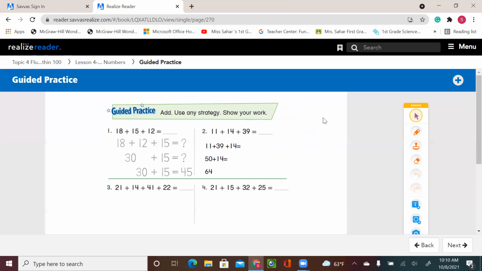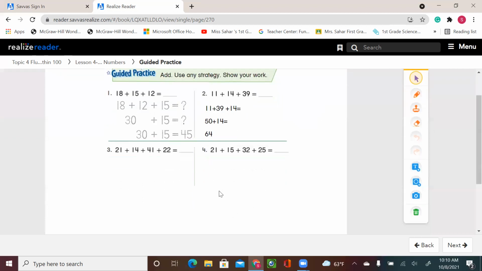What I did, I just changed the order of my addends to make it easy for myself to add, because I can have tens like that. All right. Let's see number 3.